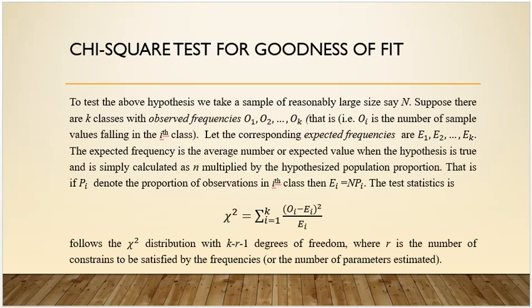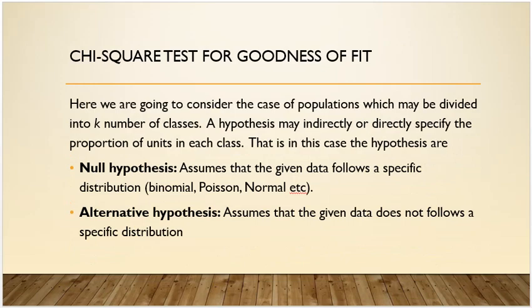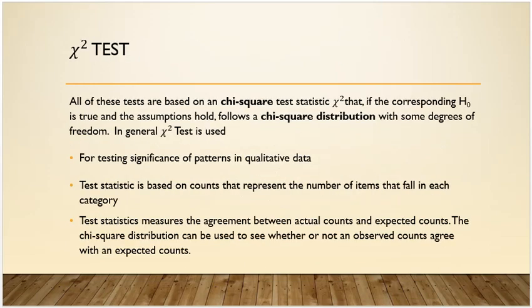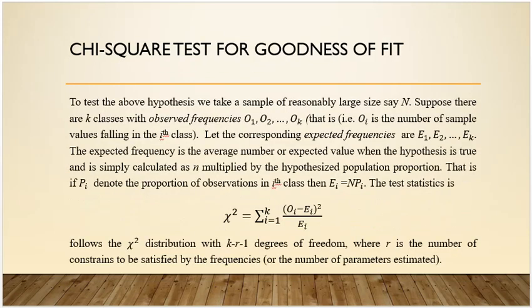After these calculations, we calculate chi-squared, which is given as chi-squared equal to the sum from i equal to 1 to k of (Oi minus Ei) squared divided by Ei. This has k minus r minus 1 degrees of freedom, where k is the number of data classes given, r is the number of parameters estimated, and minus 1.